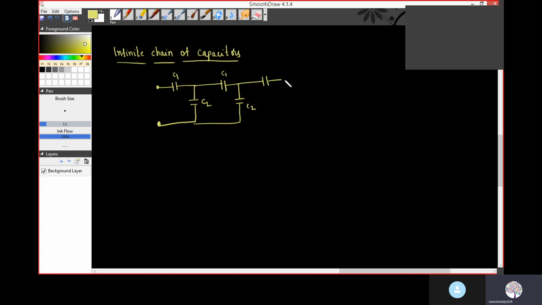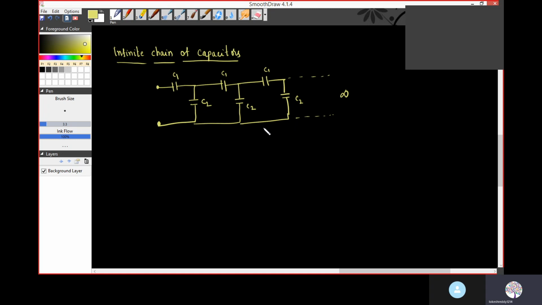Again you have C1, an infinite ladder, and you have C2, and so on like that, up to infinity.